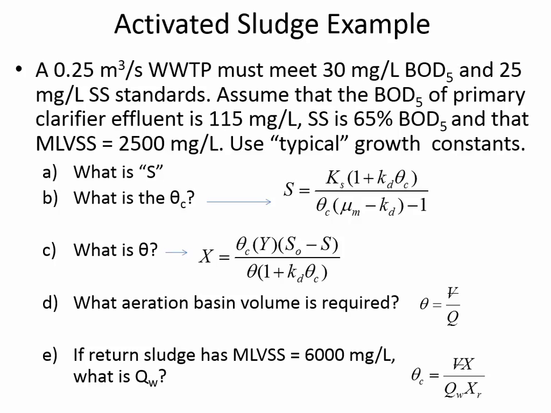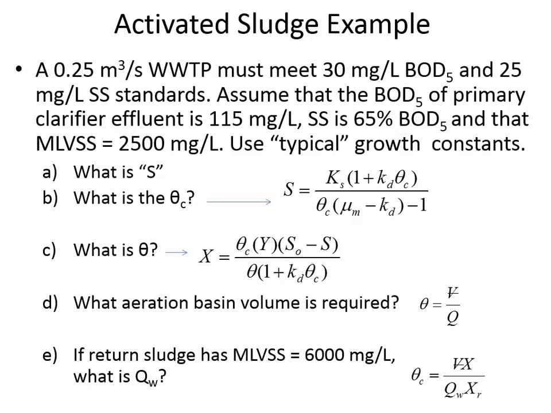Here, the letter S stands for substrate. That means BOD. Our limit that it says here, 30 milligrams per liter, that's the total BOD. So BOD allowed is 30 milligrams per liter, and that means both the soluble and the suspended.